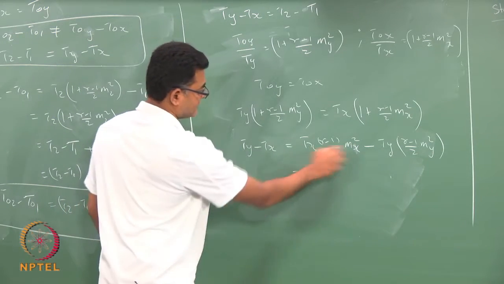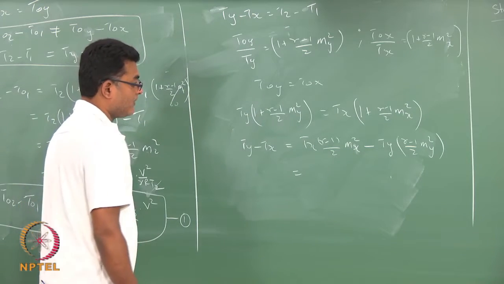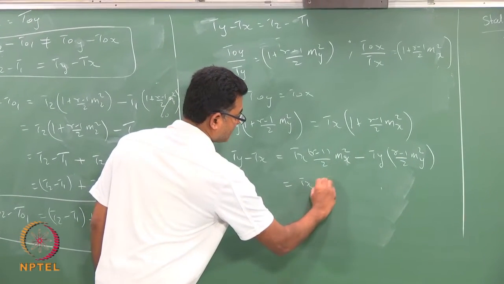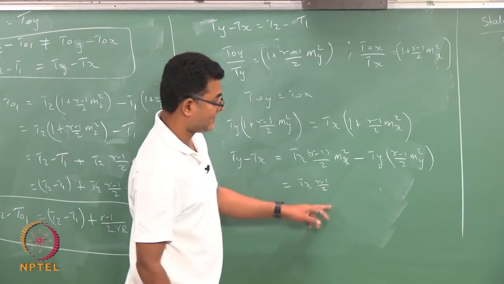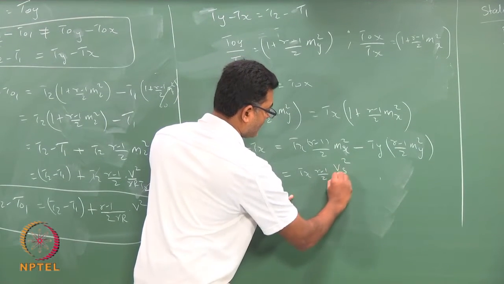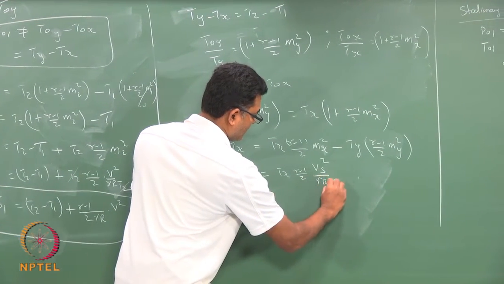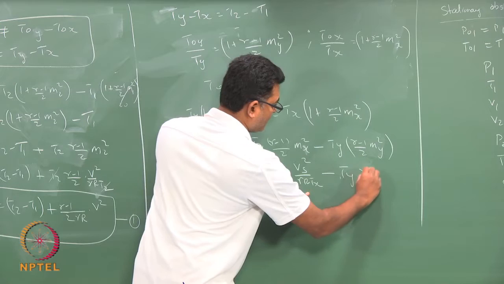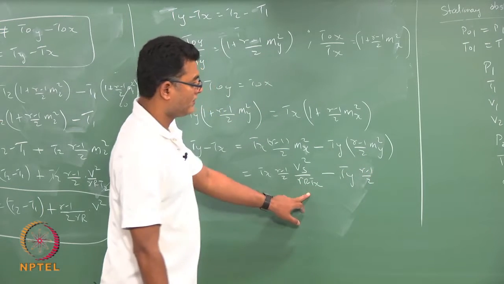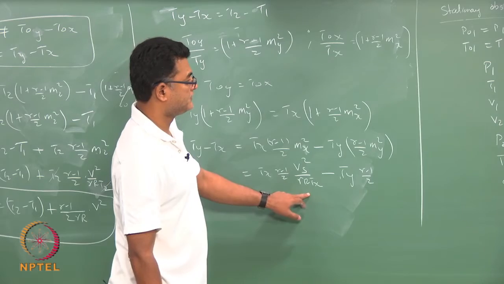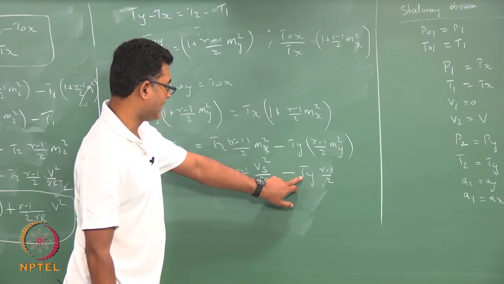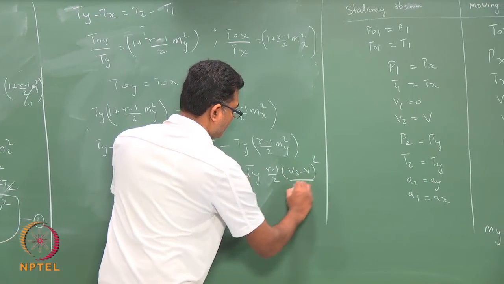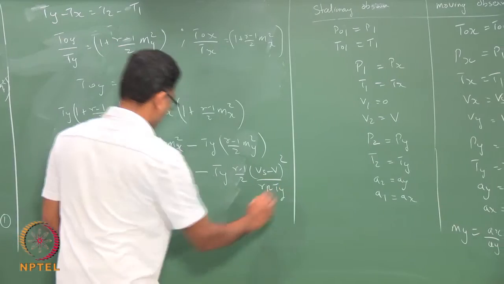Which again I replace in terms of velocity of sound and velocity of the fluid. So, Tx into gamma minus 1 by 2 into Mx, Mx is Vs square divided by gamma R Tx, minus Ty into gamma minus 1 by 2 My. My is Vy by Ay, Vy is Vs minus V the whole square divided by gamma R Ty.